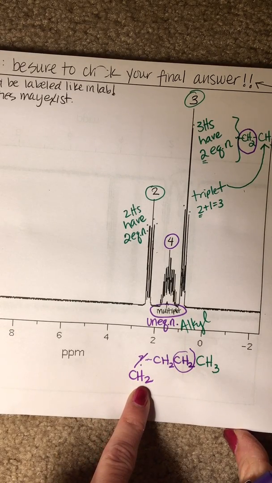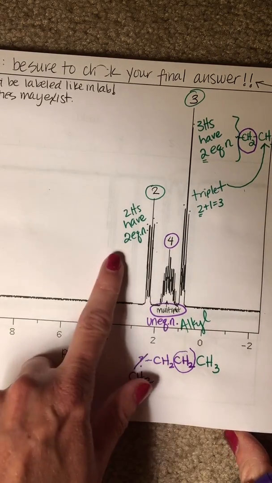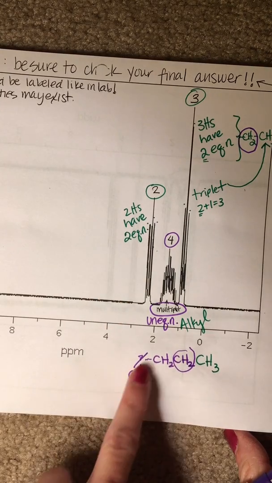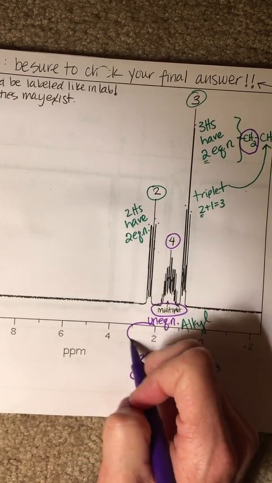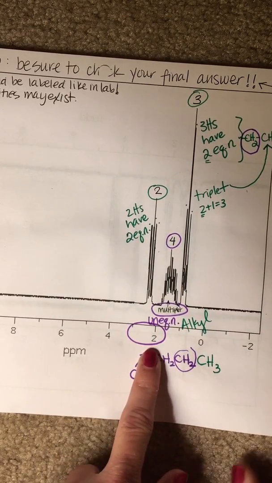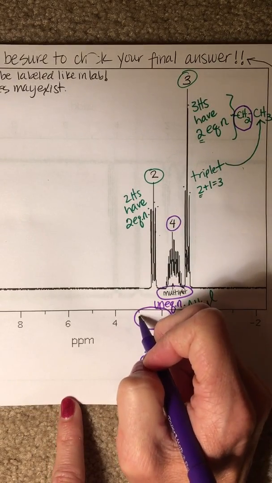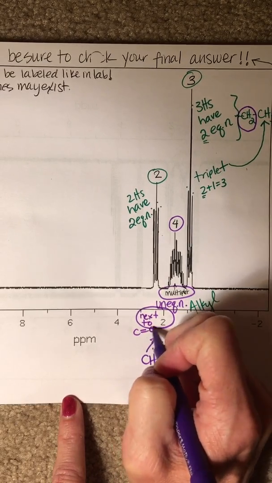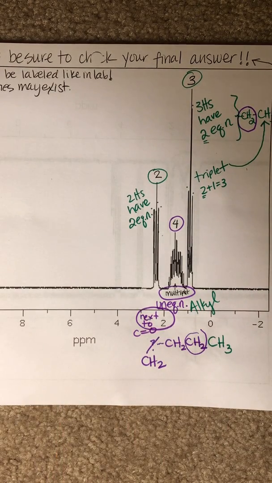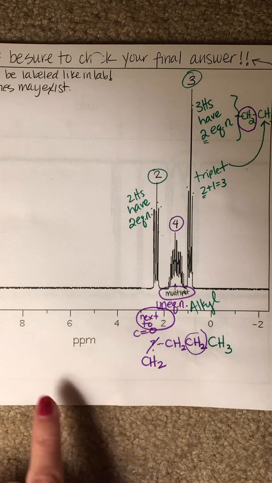There would be 2 hydrogens, and we need them to have 2 equivalent neighbors. Well, there are their 2 equivalent neighbors. And notice this region down here, that 2-ish region. That's usually next to a C double bond O, which we do have in our molecule because we know we're dealing with a carboxylic acid.